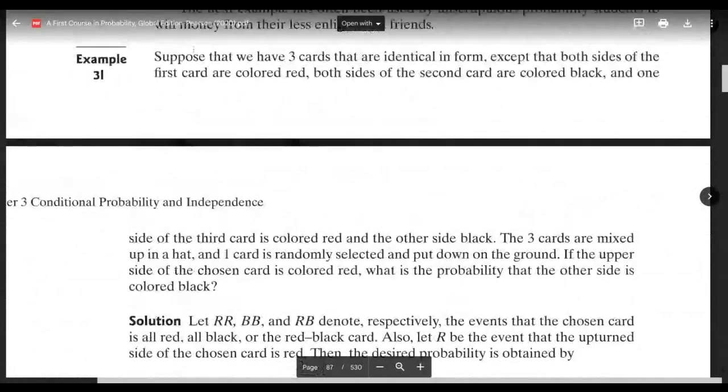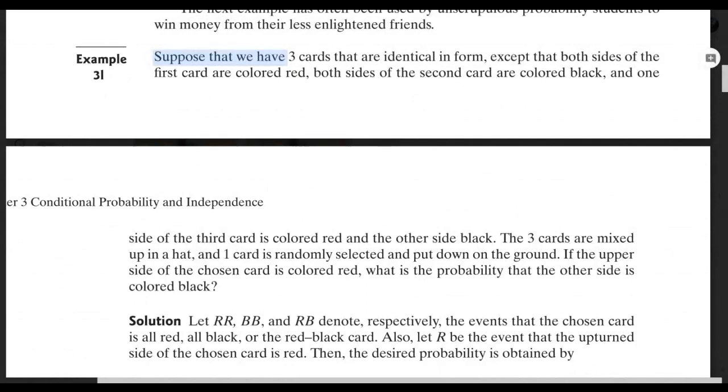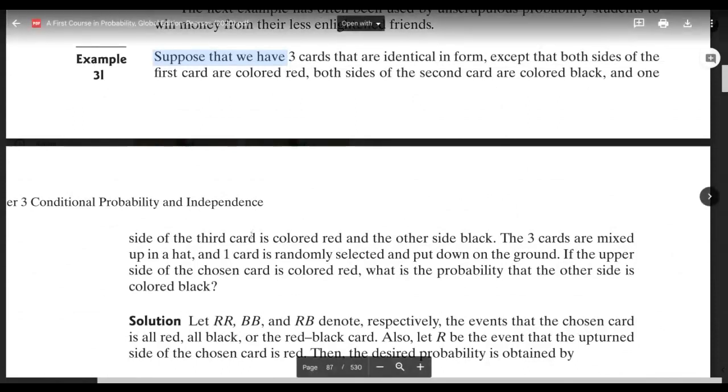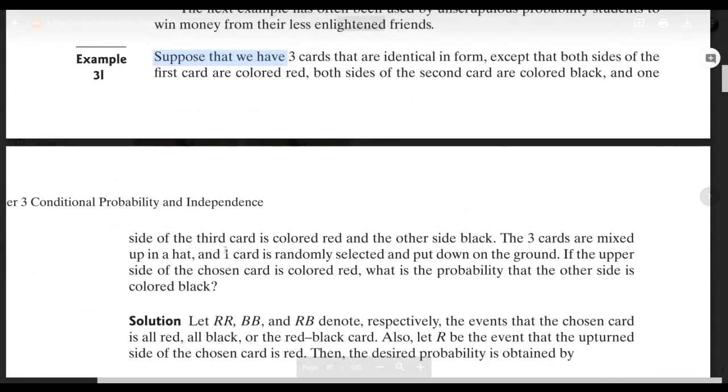Suppose that we have 3 cards that are identical in form, except that both sides of the first card are colored red, and both sides of the second card are colored black. And one side of the third card is colored red and the other side black.